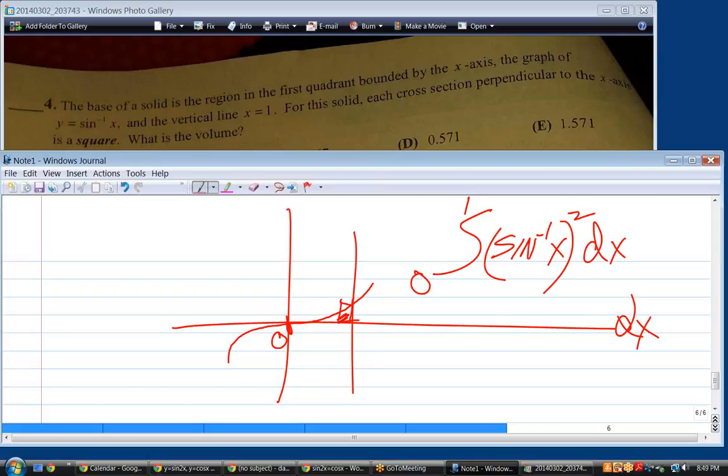Alright, now I plug that in my calculator. That's another one that would not be easy to integrate. I could integrate inverse sine, I know what that is, but I'm not sure what the inverse sine squared integrates to.